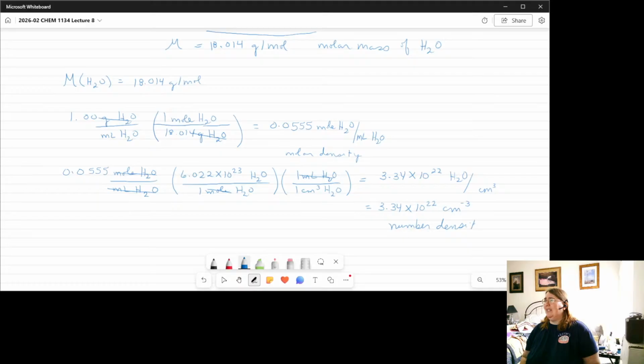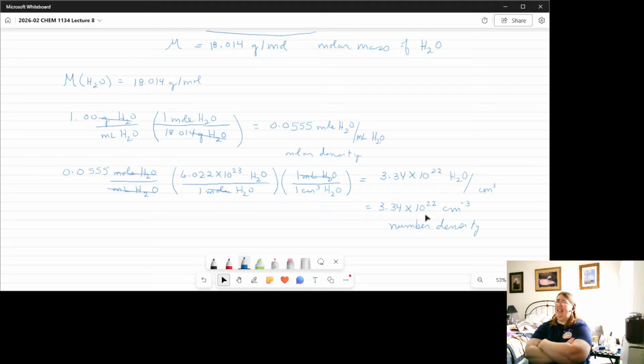Now notice the significant difference in scale. I went from 0.06 to 3.3 times 10 to the 22. That gives you a good idea of why we sometimes don't write the subscripts on density.